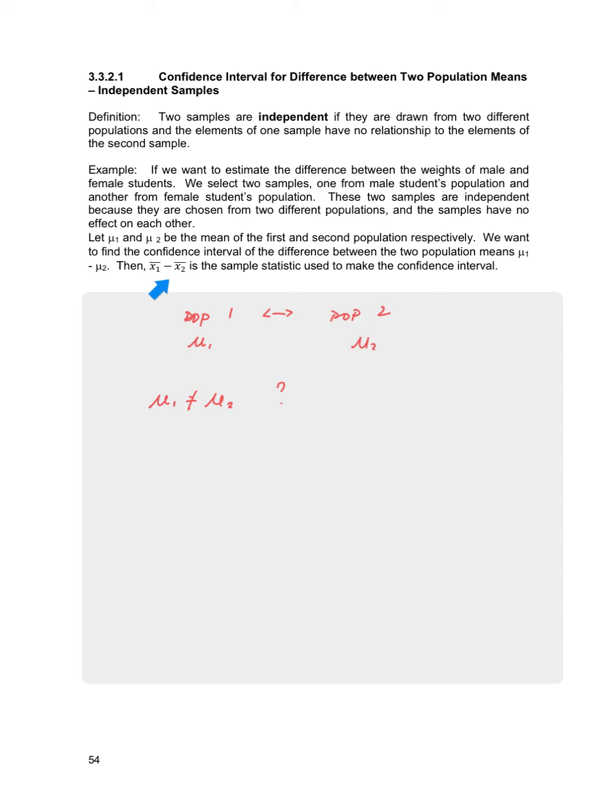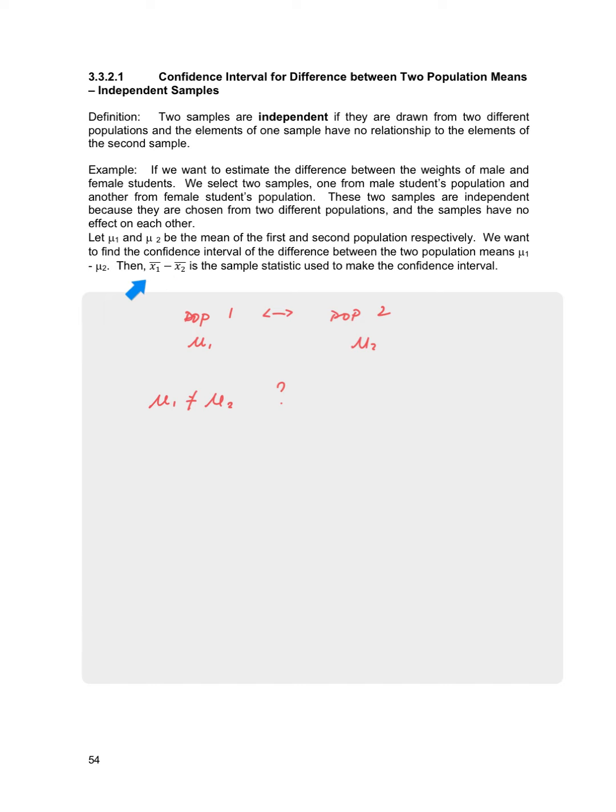Sama atau tak sama. So apa yang kita akan gunakan kat sini, the x bar 1 minus x bar 2 is the sample statistic used to make the confidence interval. So when we want to look into the difference between population 1 and population 2, the statistic that will be used here is based on x bar 1 and x bar 2, sebab kita ambil daripada sampel.